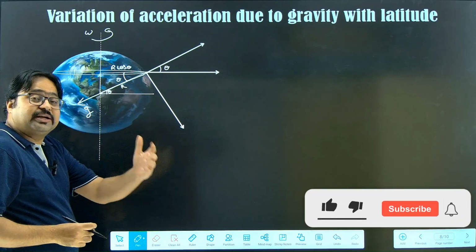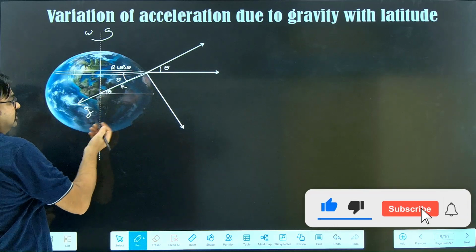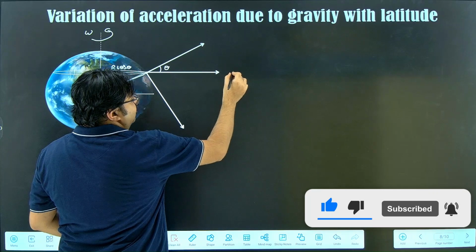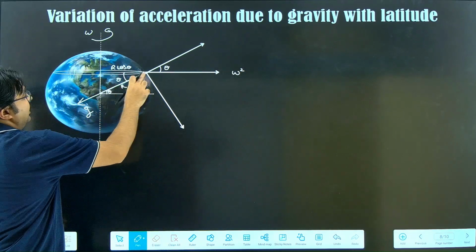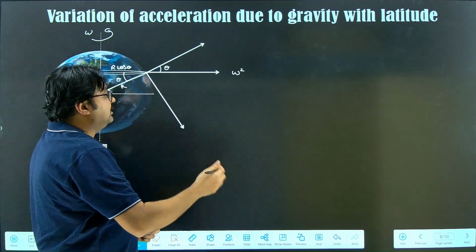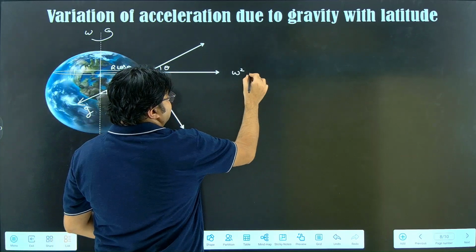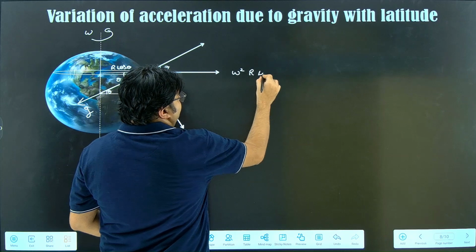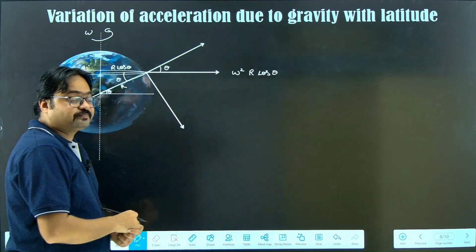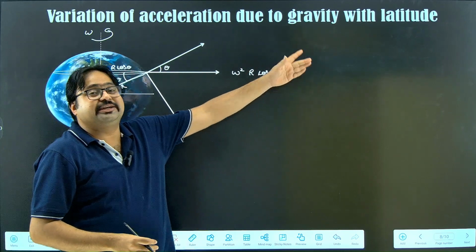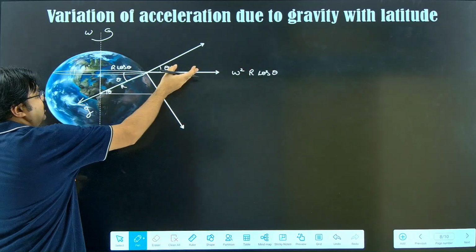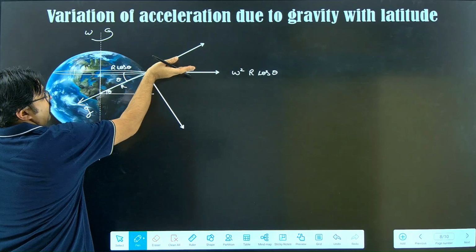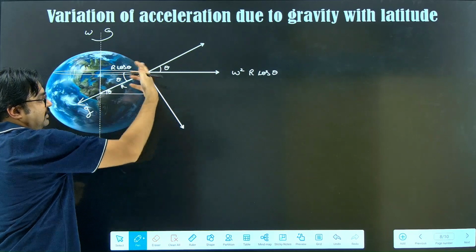I asked you what are the accelerations that you are subjected to. This is g, and this is going to be omega square times the radius. But I told you that the radius is R cos theta. R cos theta is the radius along which you're moving. So you can simply write that as omega square R cos theta. That is the acceleration in that direction. You can resolve that again into two components: the radially outward direction and the tangential direction.